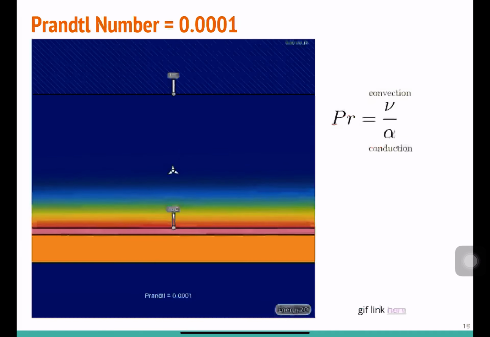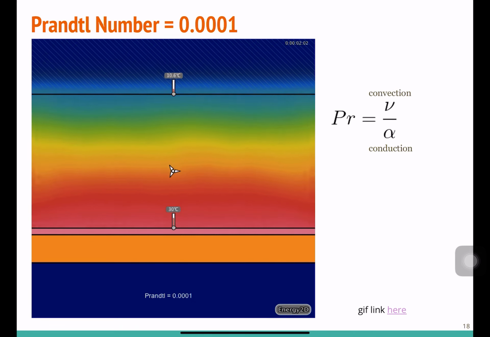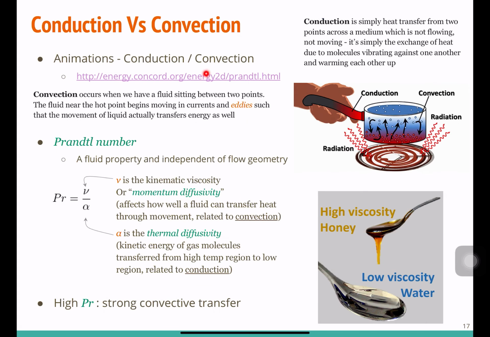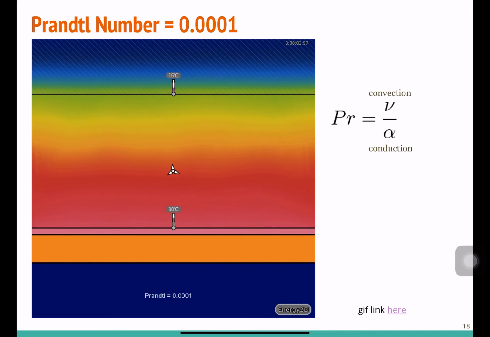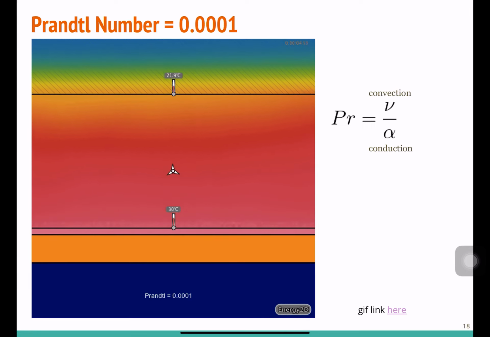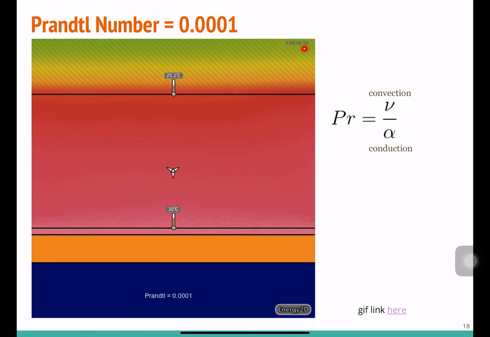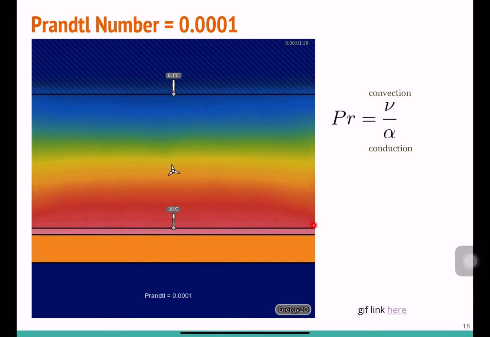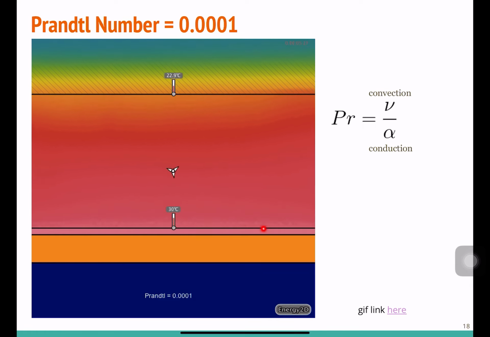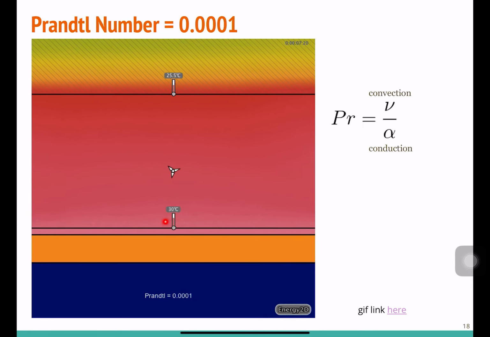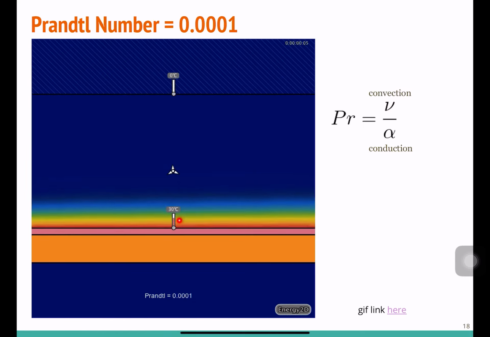I have prepared the results of the experiment in this link in here. This is the case where the Prandtl number is very, very small. By very, very small, we are talking about conduction stronger than convection. You can see that at the surface, we have provided a very hot surface, around 30 degrees Celsius.